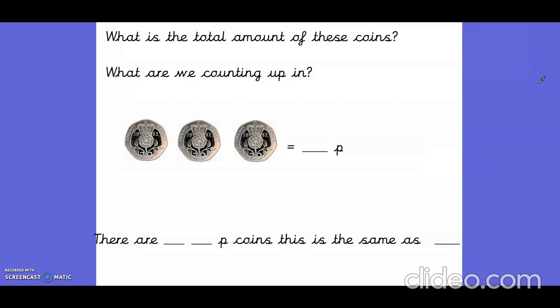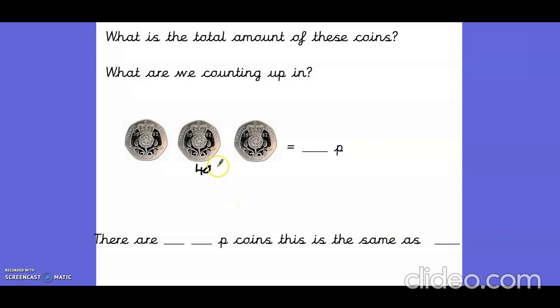Okay, this time we're counting up in 20s. We're counting up in 20s because each coin is worth 20p. So if I know that this is 20p, let's double it. What's double 20? Does anybody know? Double 20 is 40. So I'm just going to put 40 here. And we're really good at counting up in multiples of 10 because this is something we've learnt before.